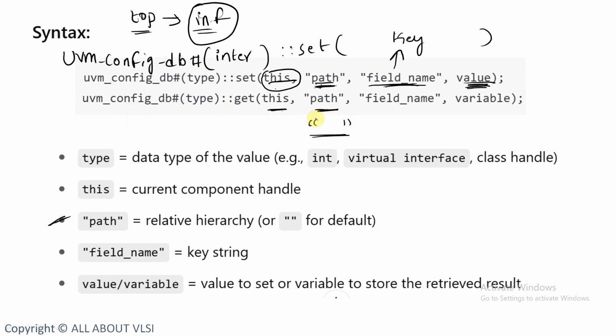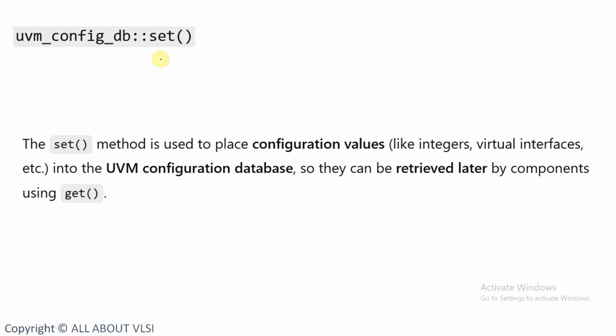So no need to mention any path; while using the get method, we will simply leave it blank. Followed by that, we should mention the same key, and the variable for storing the value which the set component is sending. So this is how we are going to send and receive the data. In more detail we will discuss in our upcoming slides.